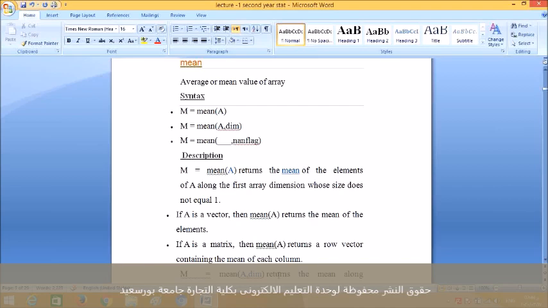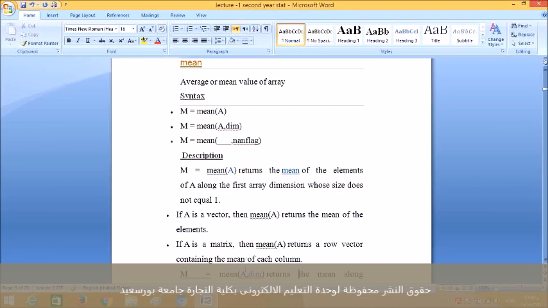If A is a matrix, we can compute the mean for columns or for rows. The default is computing the mean for columns. So this type, called dim, means that you have to specify the dimension of the matrix for which you want to compute the mean.